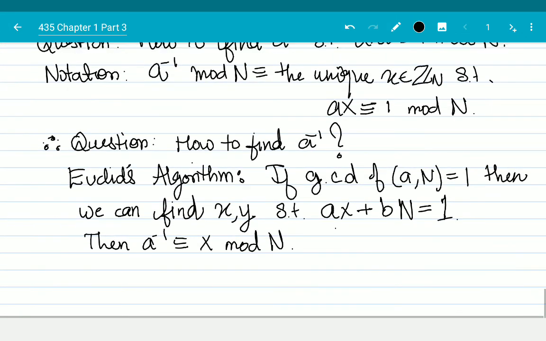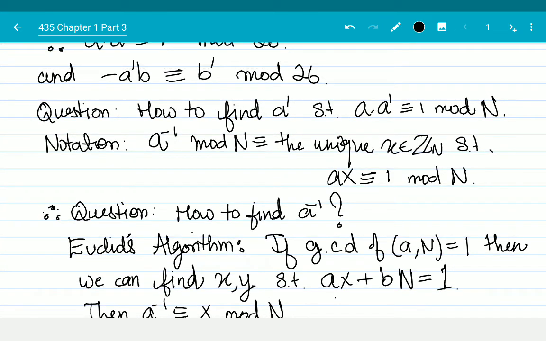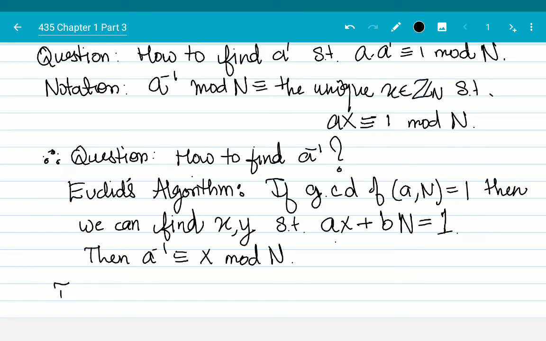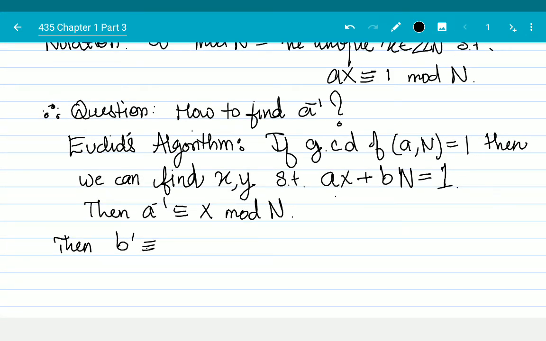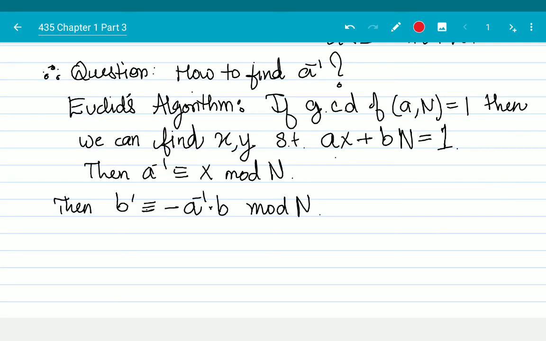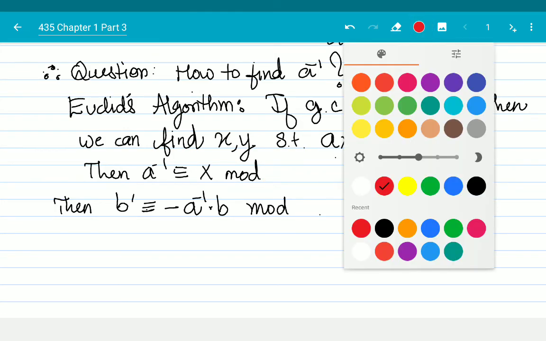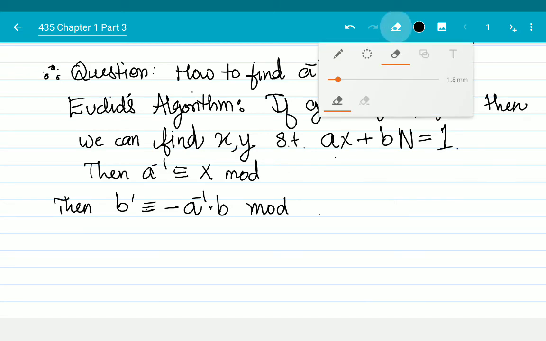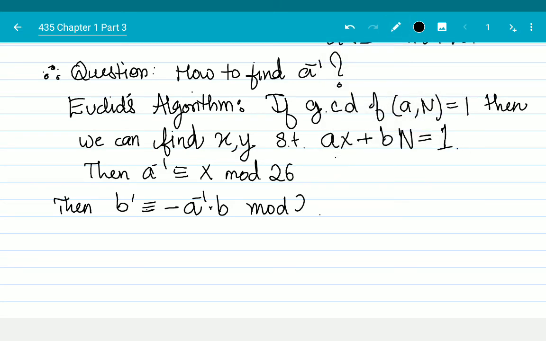Okay, and then my solution for b prime, then b prime is equal to negative a inverse times b mod 26.